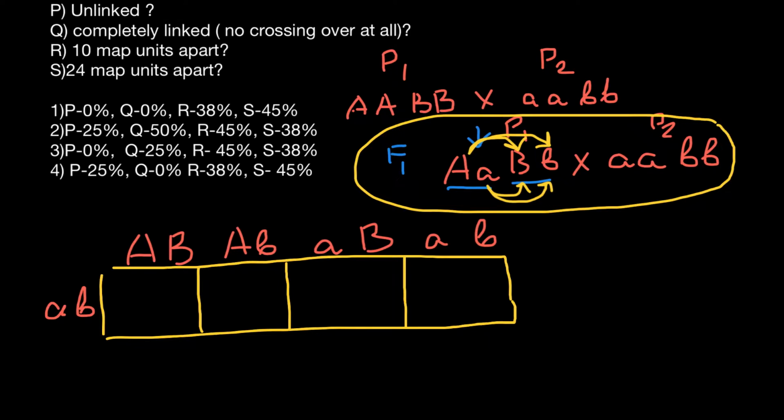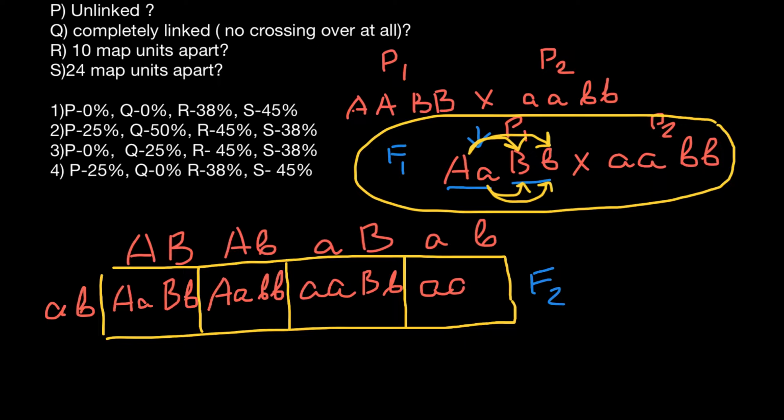We expect the genotypes of the next generation, the F2 generation, to be as follows: capital A, small a, capital B, small b; capital A, small a, small b, small b; small a, small a, capital B, small b; and small a, small a, small b, small b.